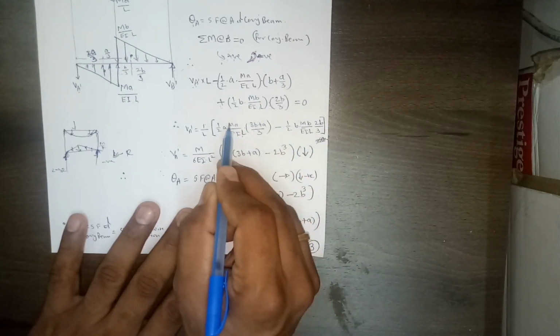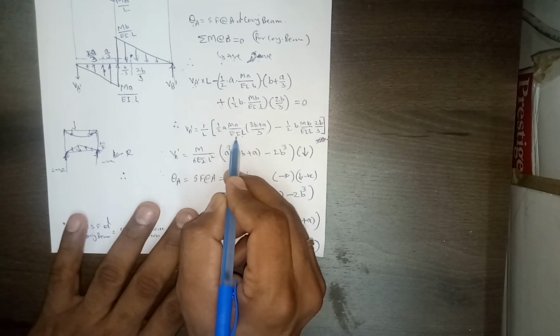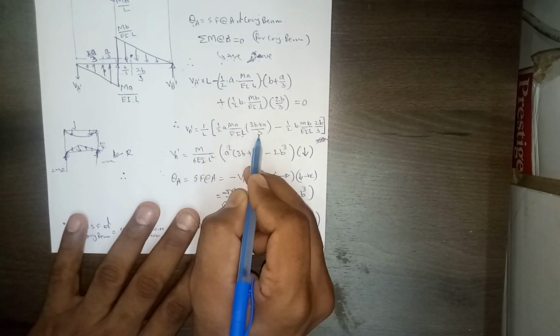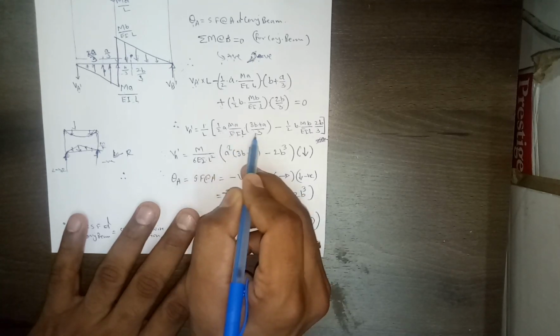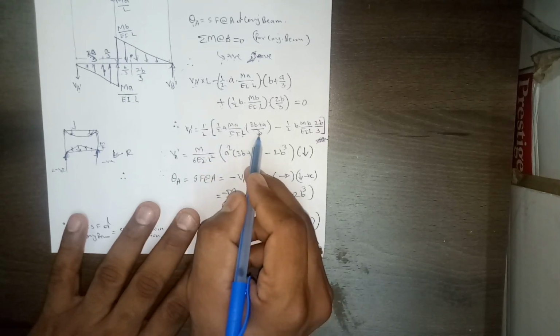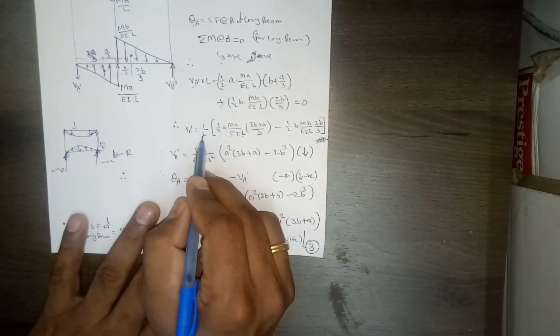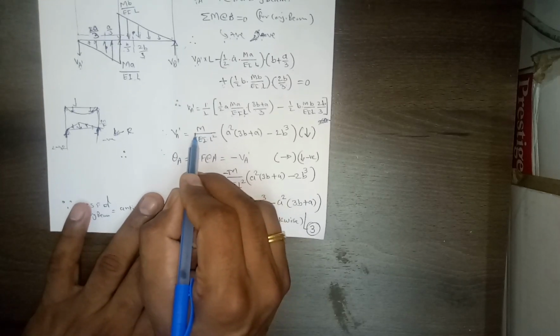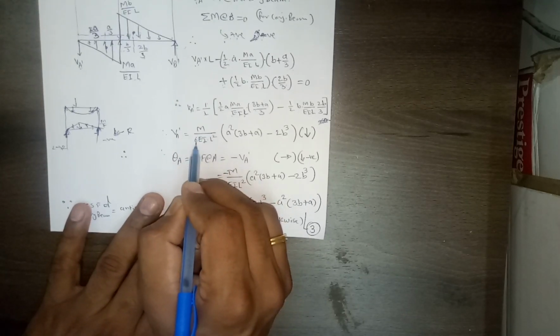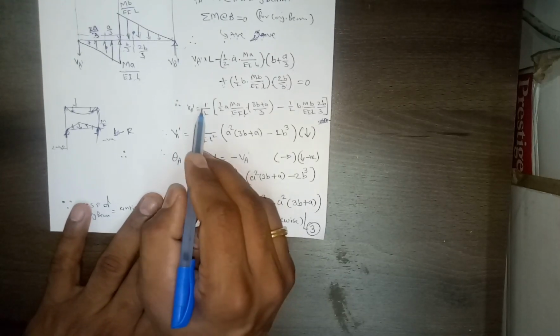So M by EI L, and if you carefully see, this 3 and 2 together become 6. So I am taking this part out, and L is already there. That's how this becomes M by 6 EI into L square.